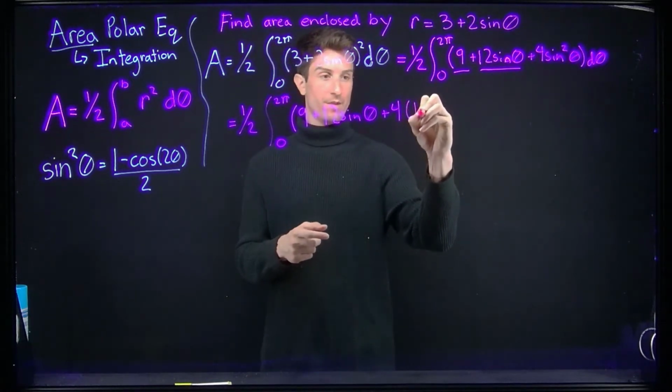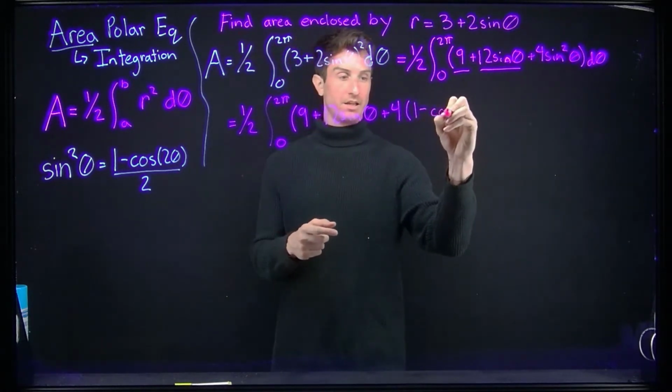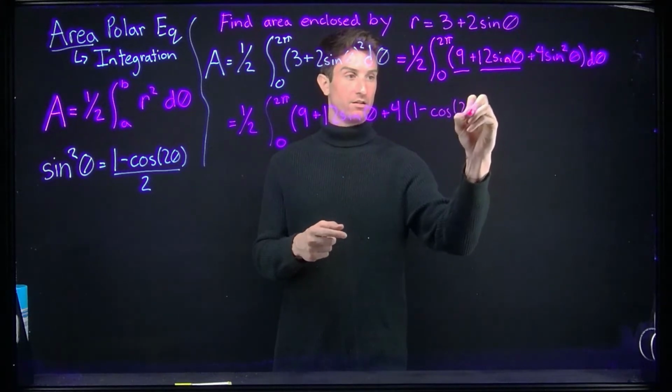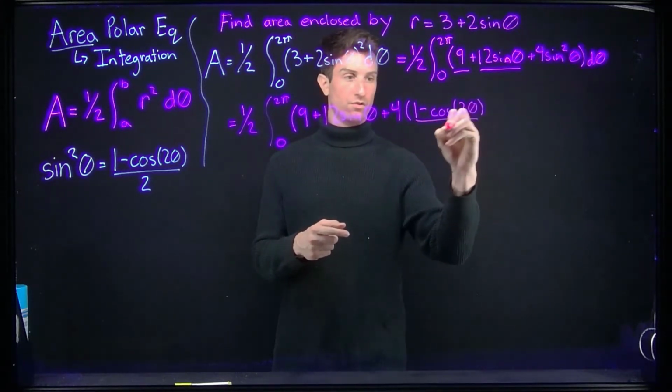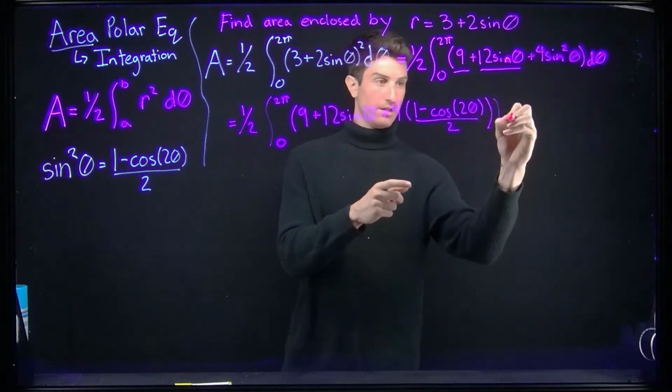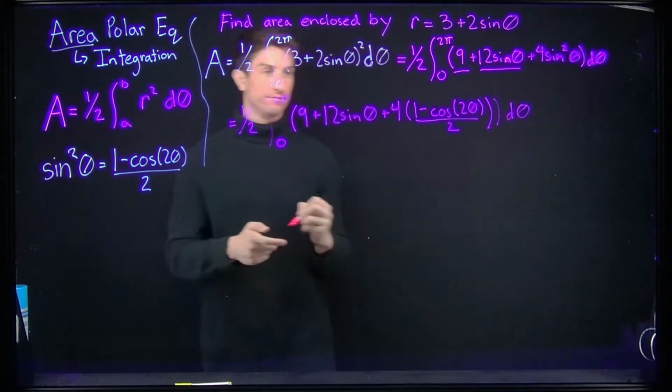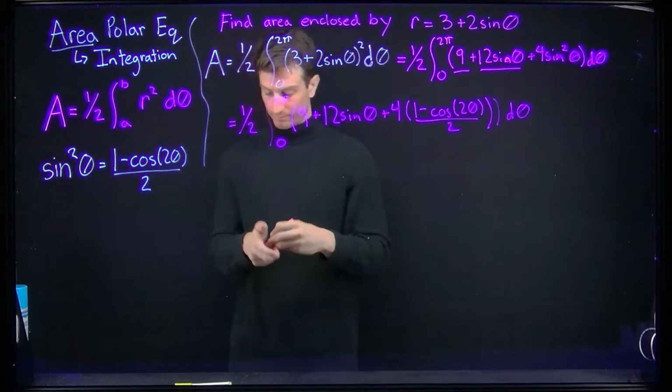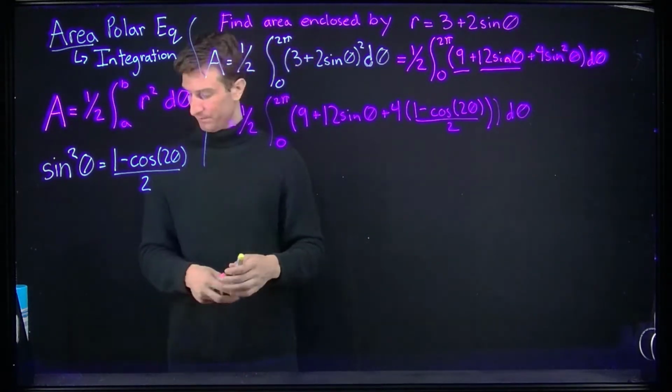I have (1 minus cosine of 2 theta) over 2, d theta. Let's try back to the yellow.